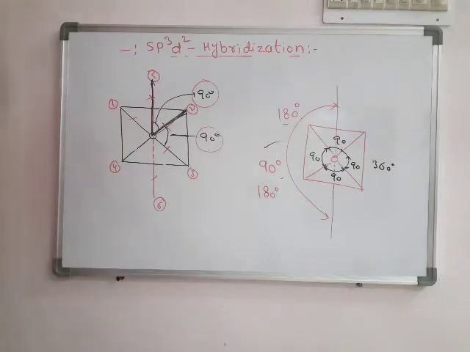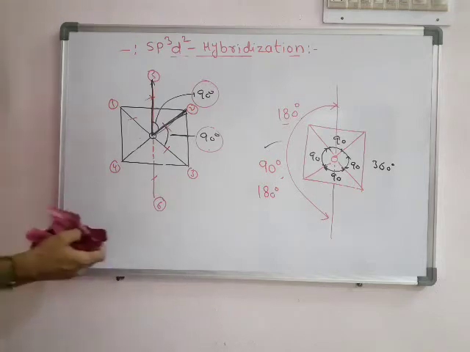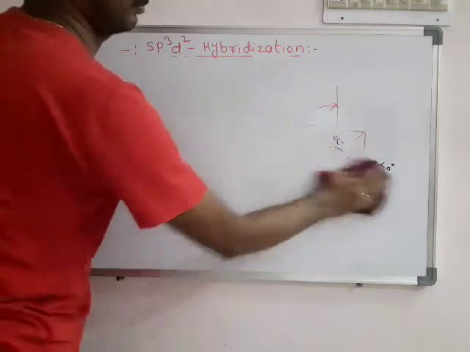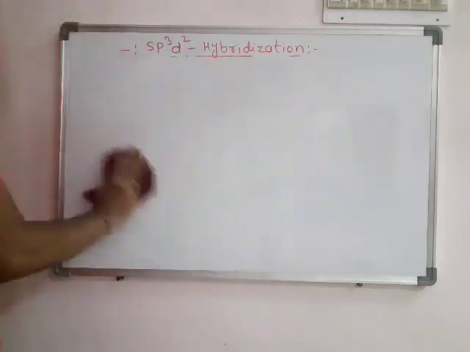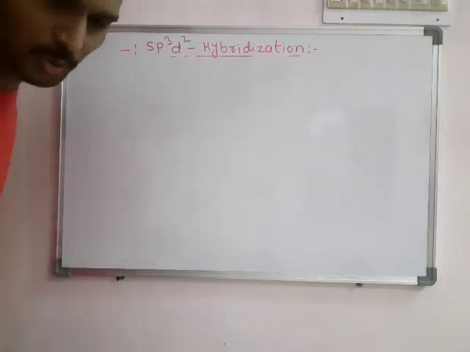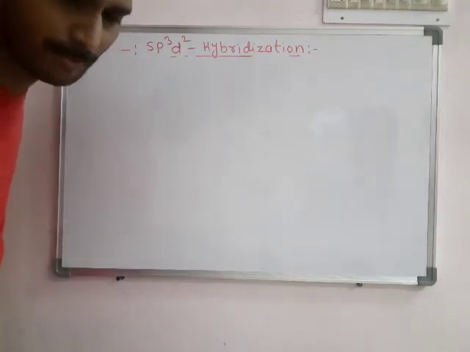Now we explain this hybridization with an example. Draw the diagrams neatly in a bigger size, not very small. Why it is known as octahedral, I will explain after the example.